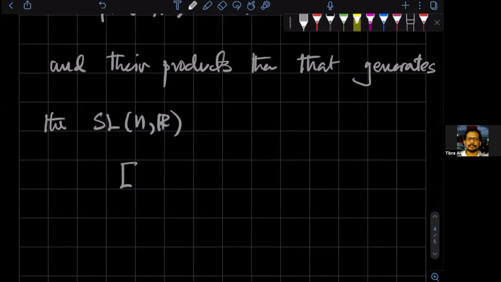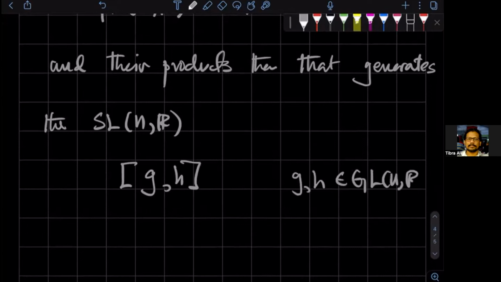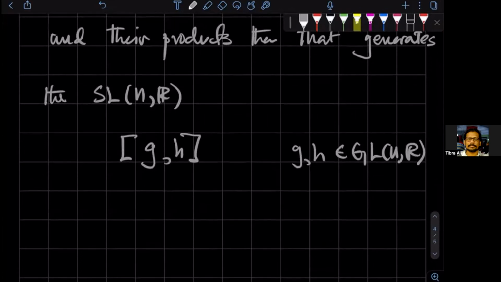So suppose I have the commutator of G and H, where both G and H are elements of GLNR. Obviously, by closure, this is also an element of GLNR, right?